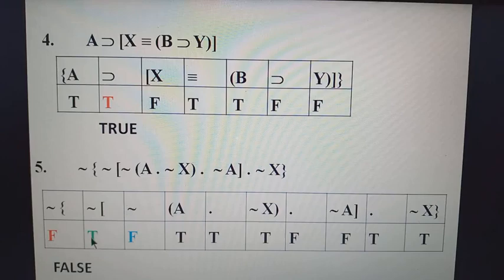So you combine this negation here with negation X to get the value for the braces, which is this dot. So you have T dot negation X, which is also true. A conjunction is true when both conjuncts are true. So both conjuncts are true, therefore the value of the braces is true.